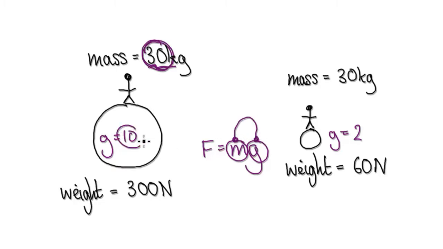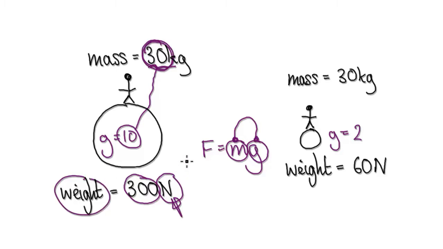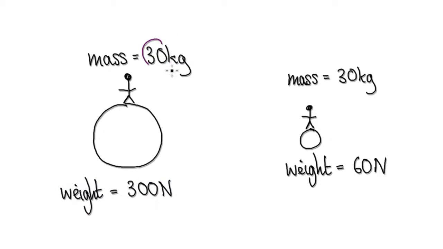So you would get 10 multiplied by 30. It would give you a force of 300, and we would use this unit, the Newton. It would be 300 newtons because weight is a force, and this is a unit of force. So mass is 30 kilograms and your weight is 300 newtons.